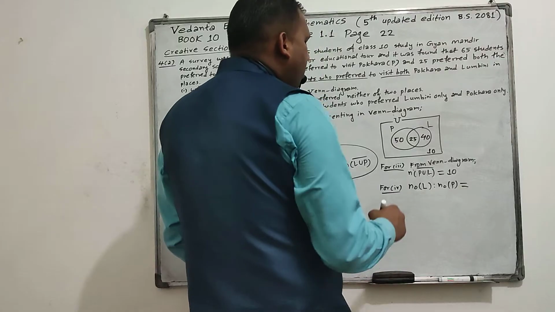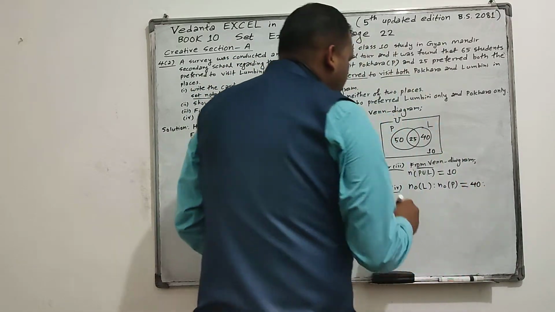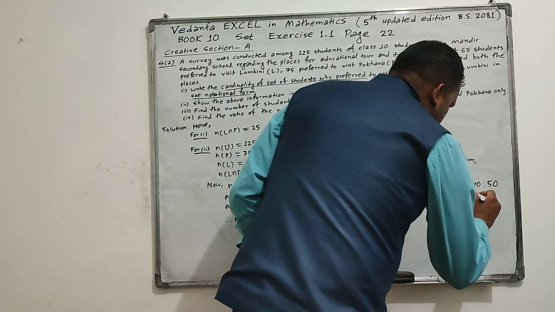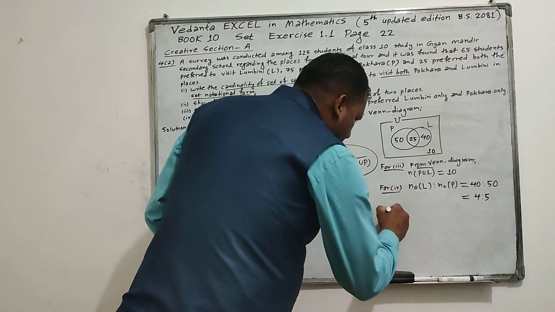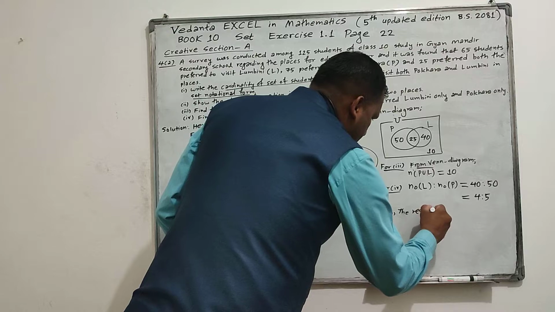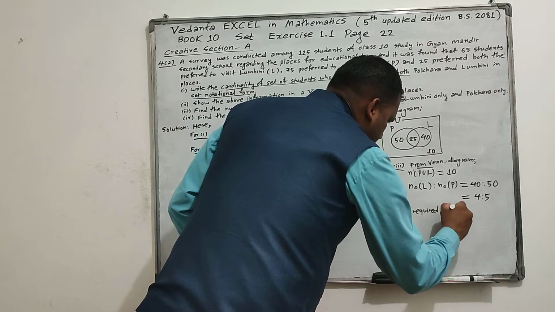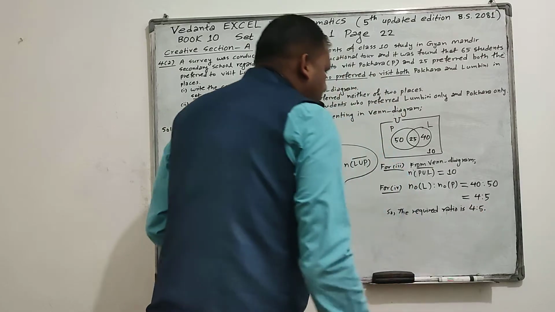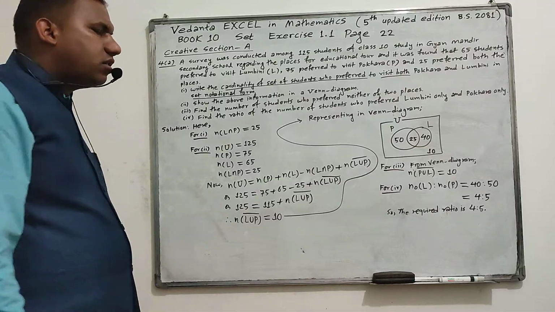From the Venn diagram, n(L only) is 40 is to n(P only) is 50. That is 4 is to 5. So the required ratio is 4 is to 5. So this is the answer for 4A.